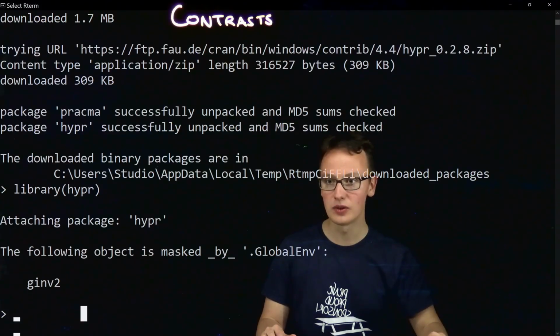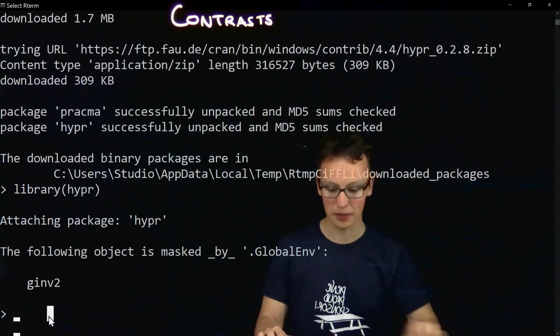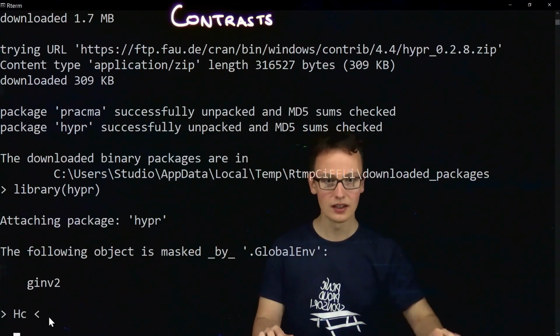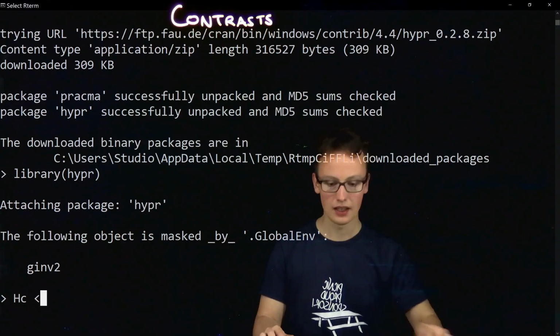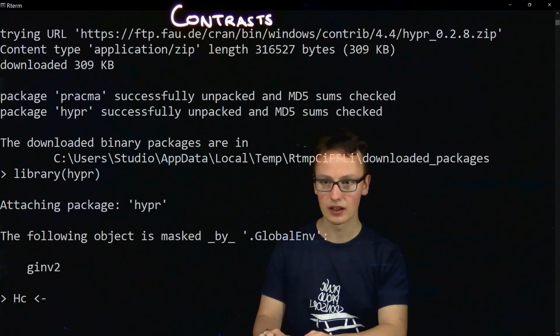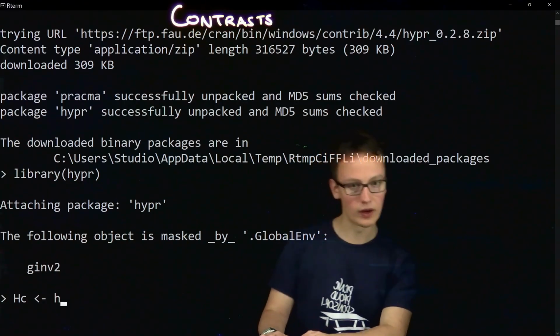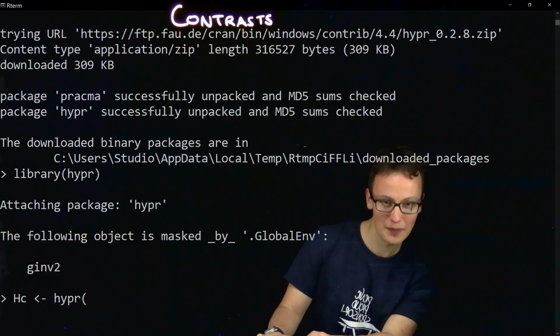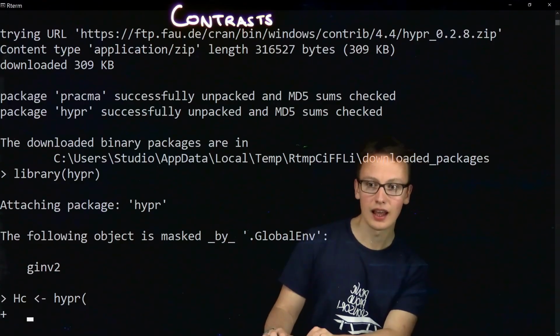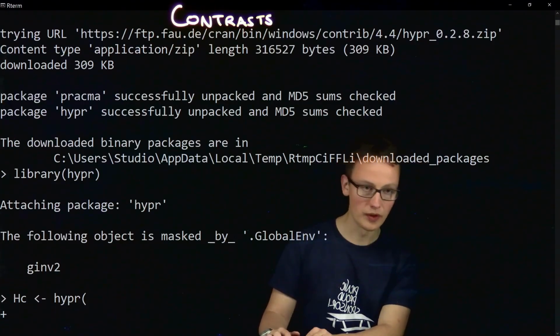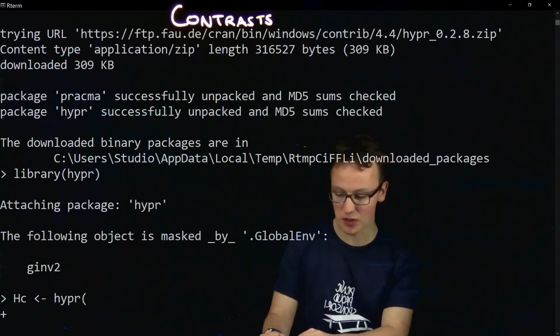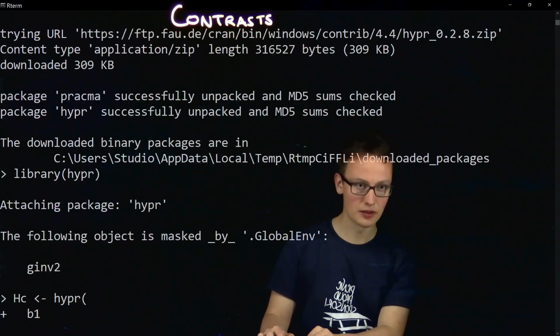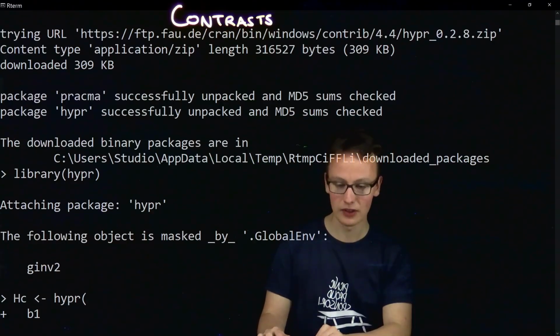So the way to do this would be to say, okay, I want to define my hypothesis matrix HC, and the way I'm going to define it now is by calling the hypr function, the same name as the package itself. And I want to now specify the first slope, which corresponds to my first research question, beta 1 or B1, okay?